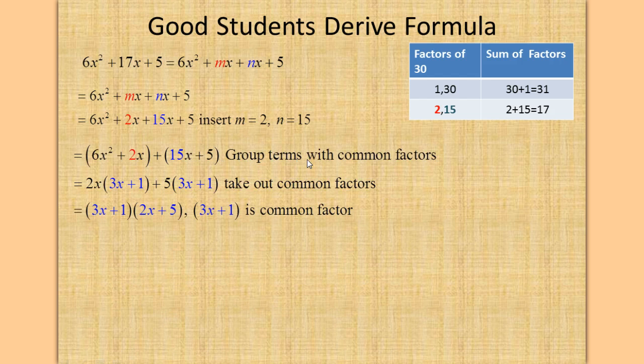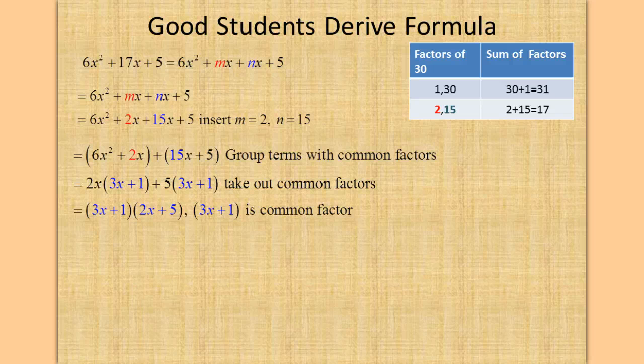So what we do is we group the terms with common factors. We group 6x squared plus 2x, and we group 15x plus 5. Now, it wouldn't matter if you grouped the 15 over here and the 2x over there. You'll see that it won't matter.